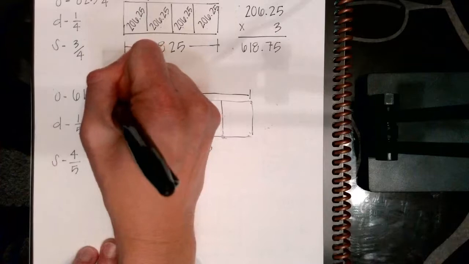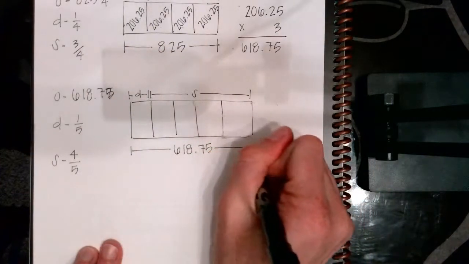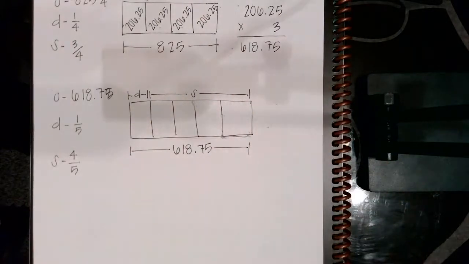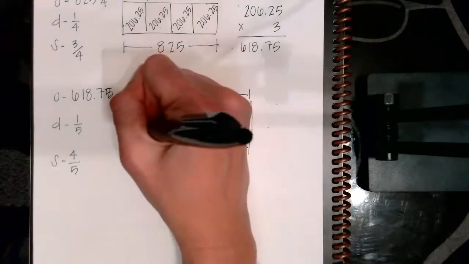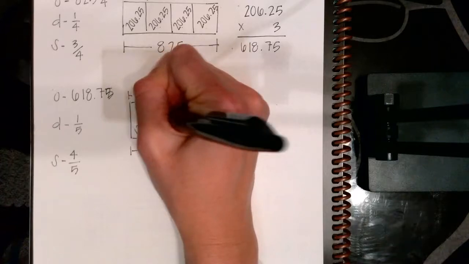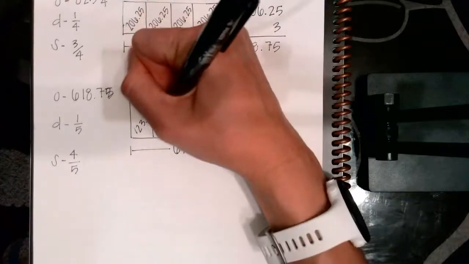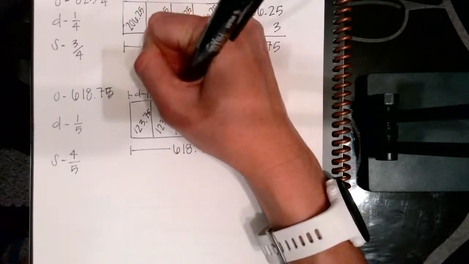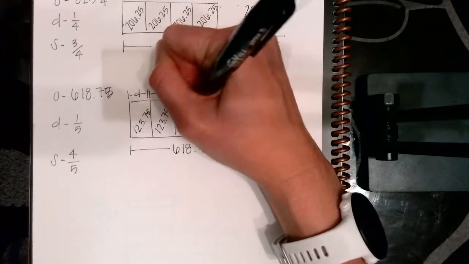I wrote that incorrectly, 75 cents. So then I'm going to take that and divide it into 5. And my discount is $123.75. So each of these boxes I'm labeling $123.75.